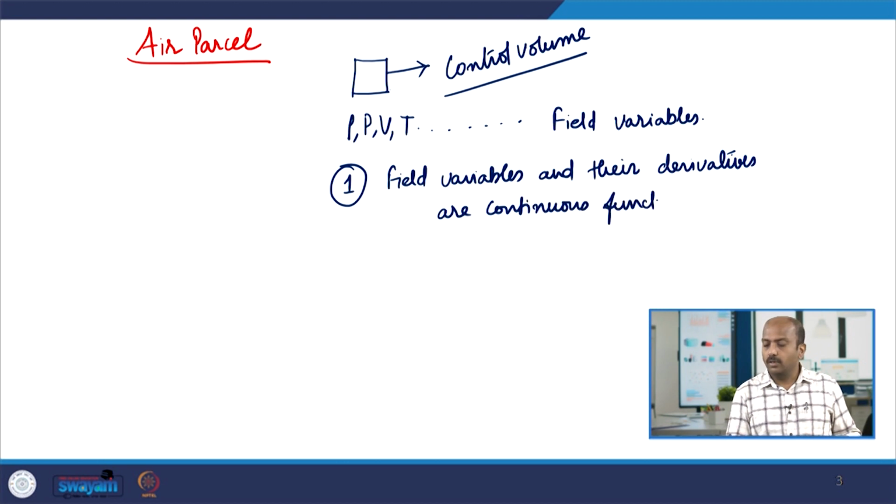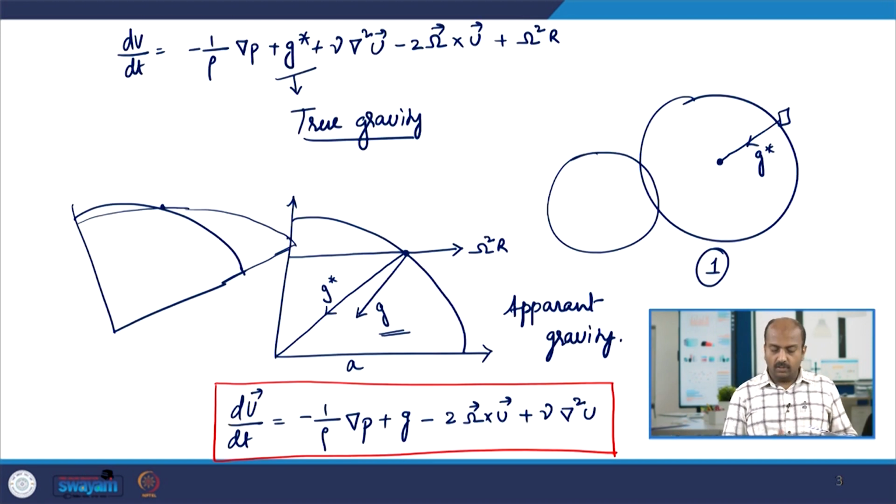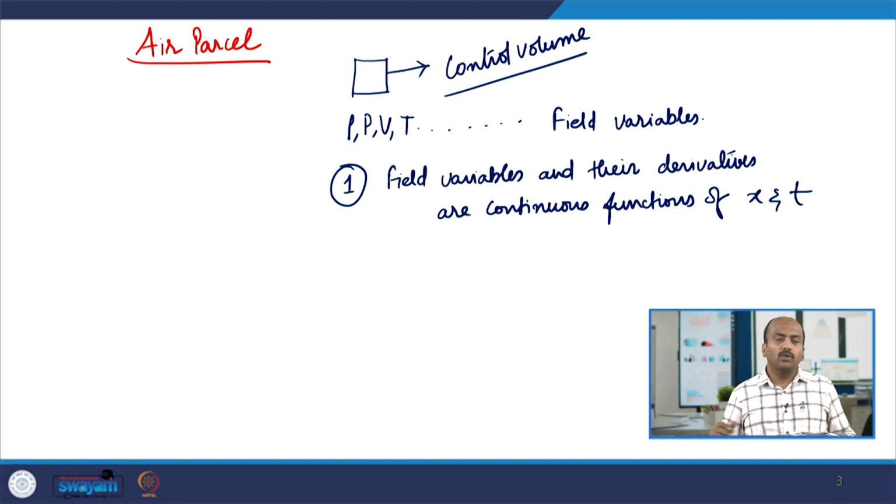Now, the equation that we have seen should be able to explain the motion of the atmosphere, no matter how small or how large. It can be anything.